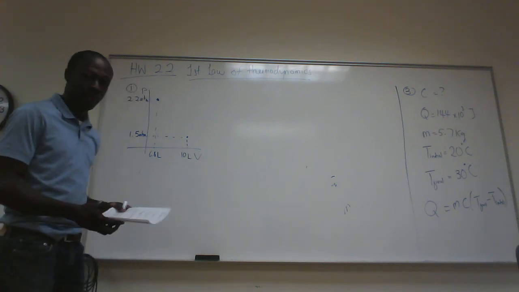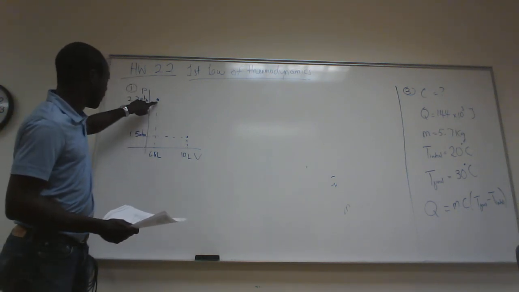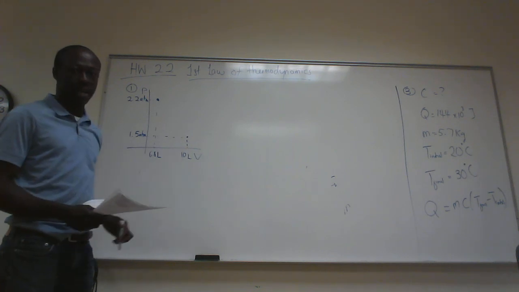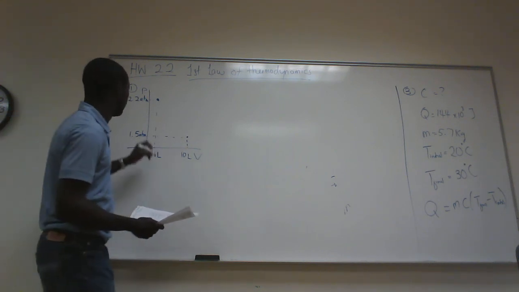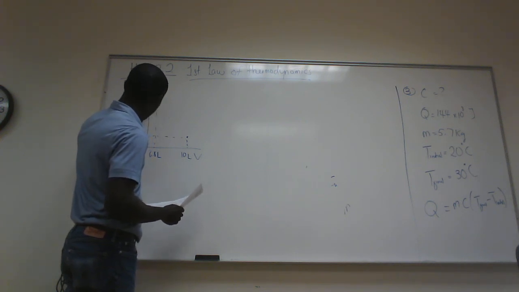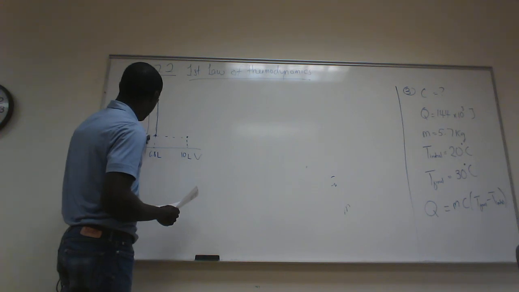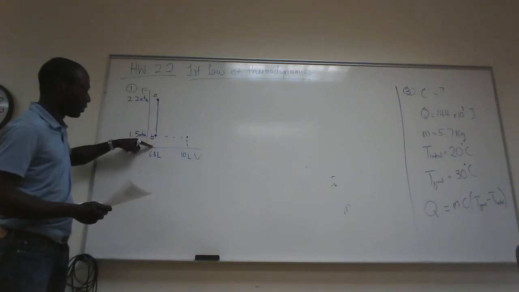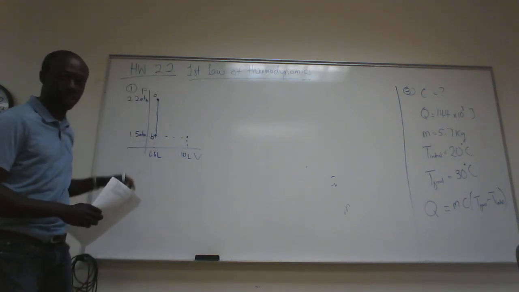Alright, so as we learned in class today, the work that's done depends on the path you take. So in this problem, we're told that it goes first down from point A to point B. So it has a constant volume and it changes its pressure.